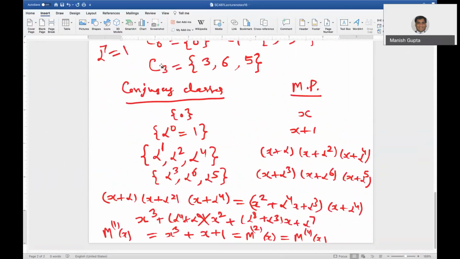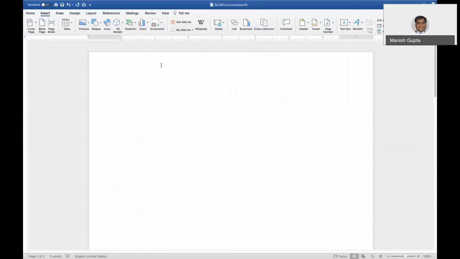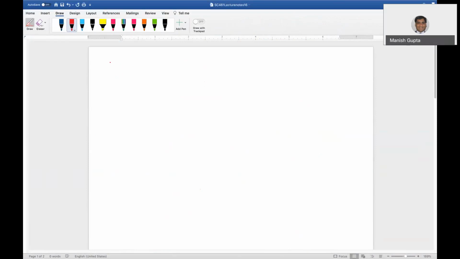Keeping this in mind, so we know that the minimal polynomial m1 of x is equal to x cube plus x plus 1.